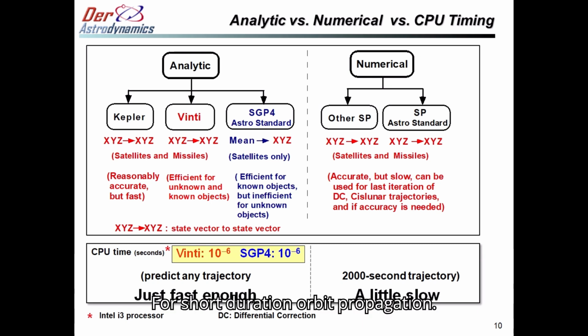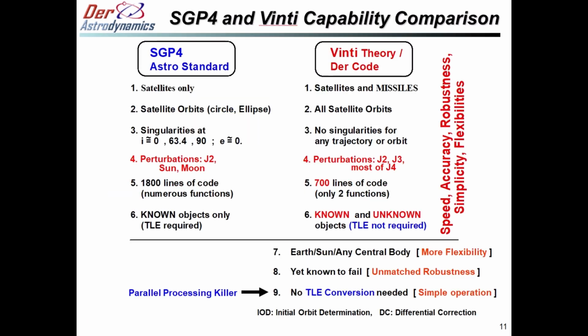For short duration orbit propagation, Windy and HB4 can compute a trajectory in a few microseconds on an Intel i3 processor and sub-microseconds on i7 or i9 processors. This picture shows the advantages of Windy over HB4 in speed, accuracy, robustness, simplicity, and flexibilities.